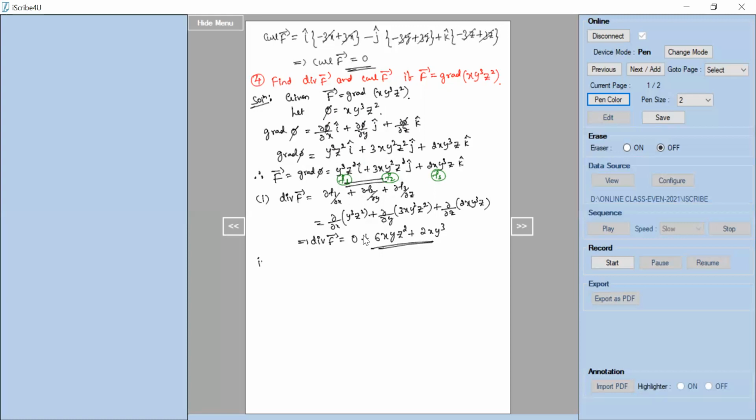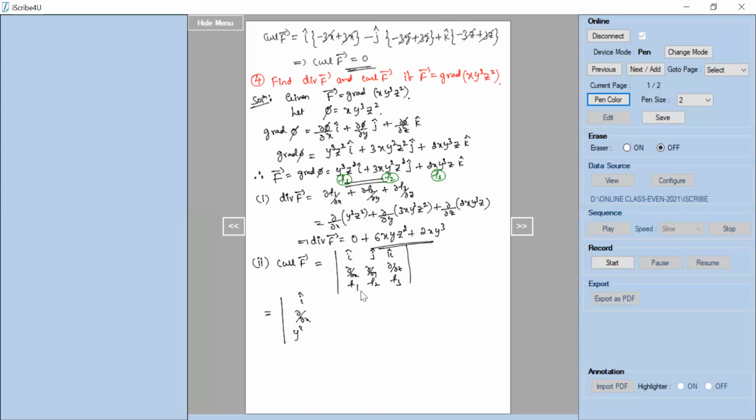Now similarly, the next thing is the curl f, and we know that the formula for curl f is this: i, j, k, dou by dou x, dou by dou y, dou by dou z, f1, f2, f3. Now let us substitute this f1, f2, f3 in this and expand the determinant. We get curl f. So this is i cap here, dou by dou x, f1.